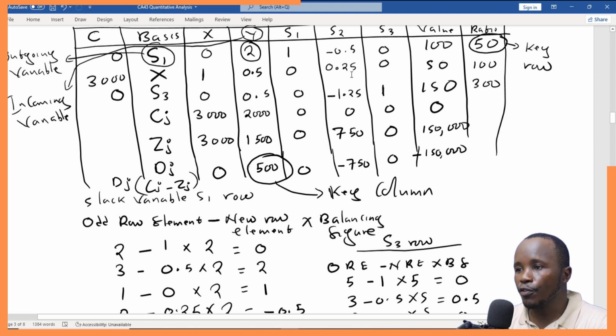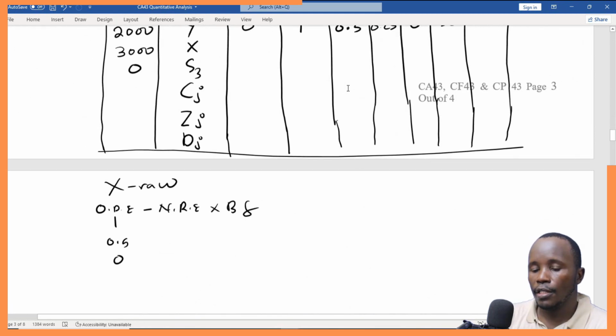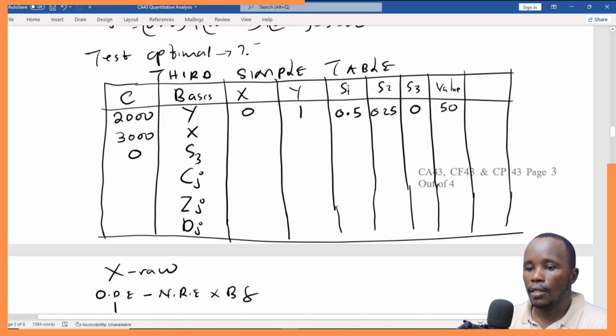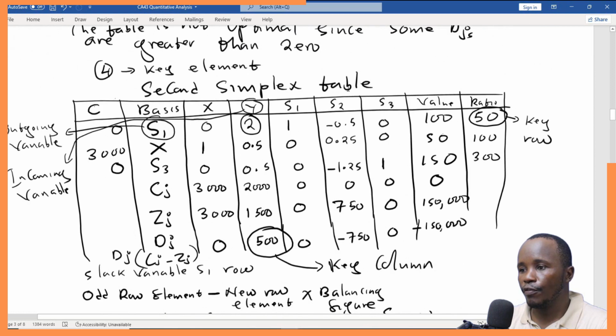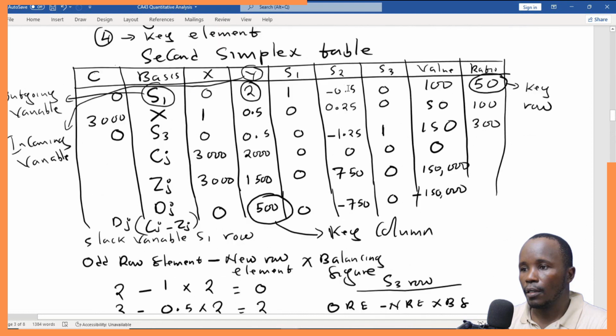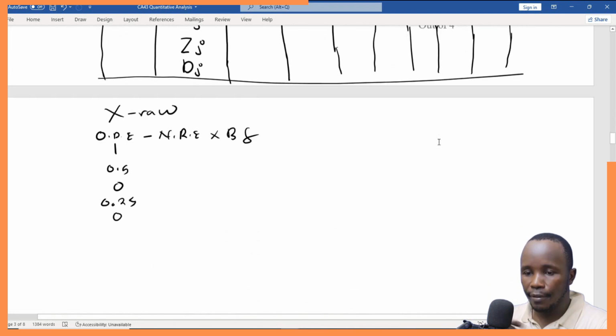Then you have 0.250 and 50. This is 0.25, this is 0.250 and 50. That is 0.250 and 50 here. This one is 0.250 and 50.